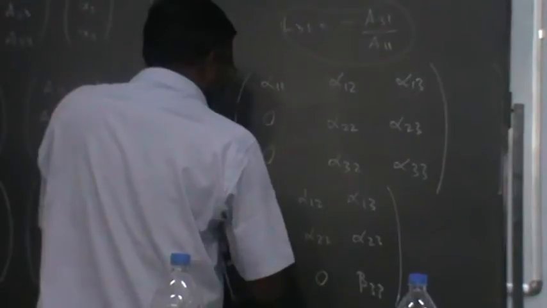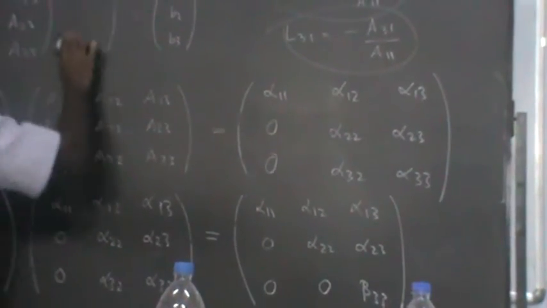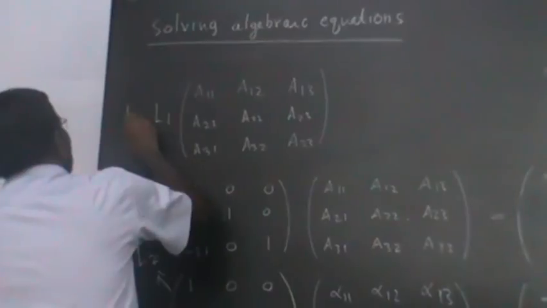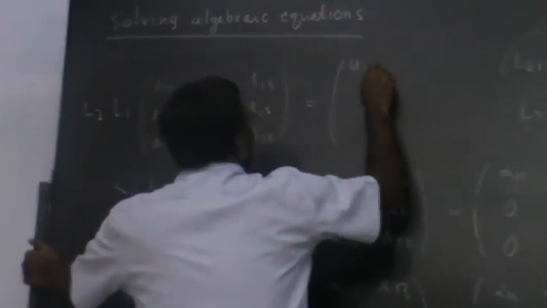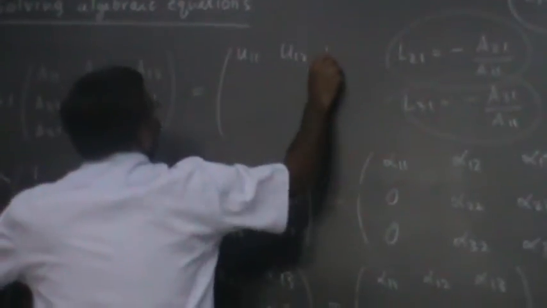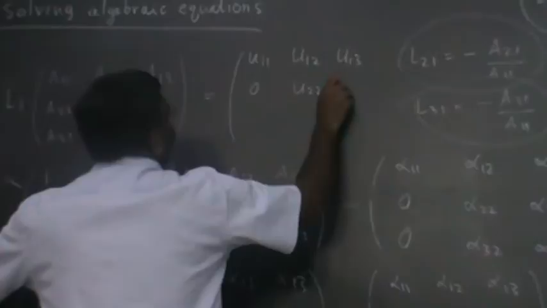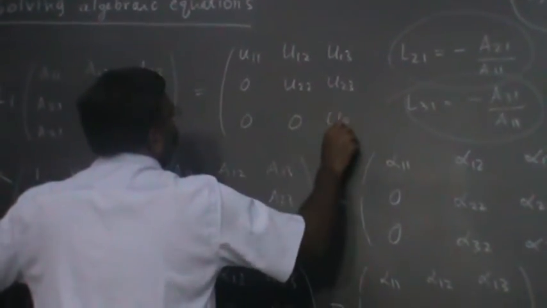So let me finally write the upper triangular matrix in the following fashion. L1 and then L2 operating on the matrix is going to give me U11, U12, U13, 0, U22, U23, 0, 0, U33.